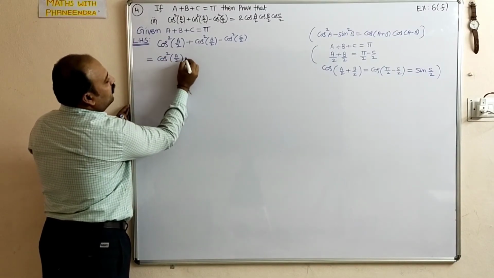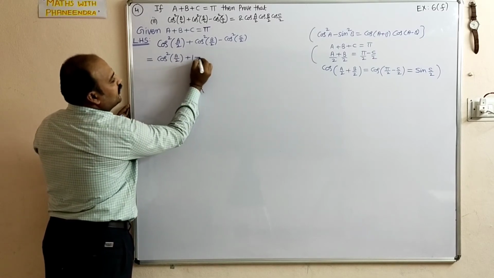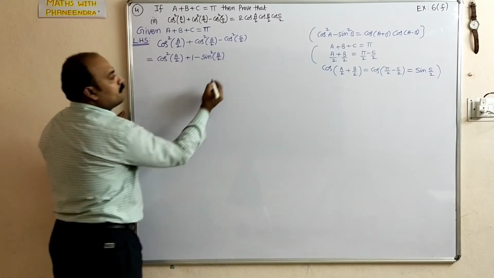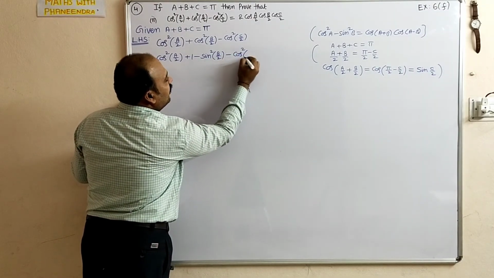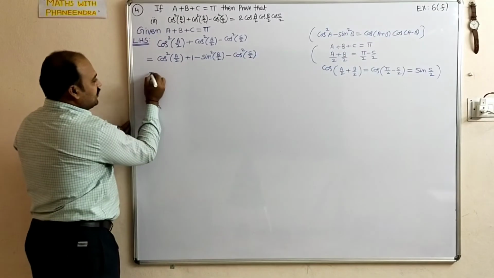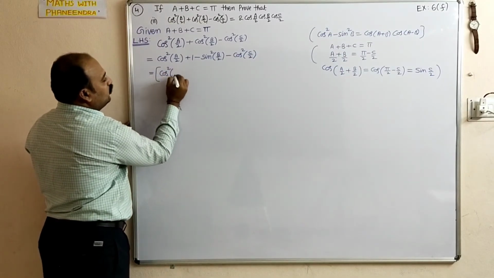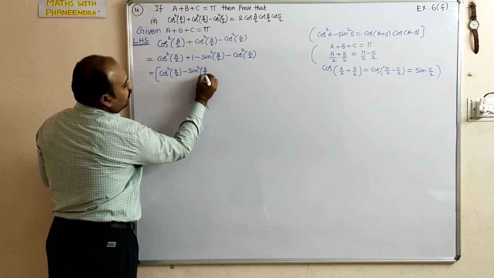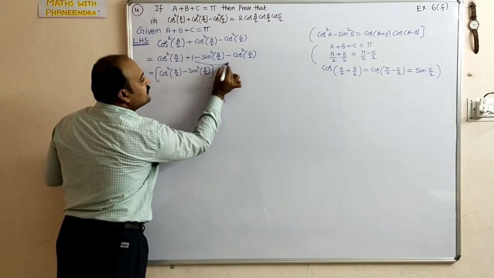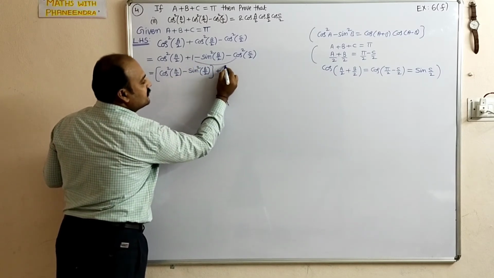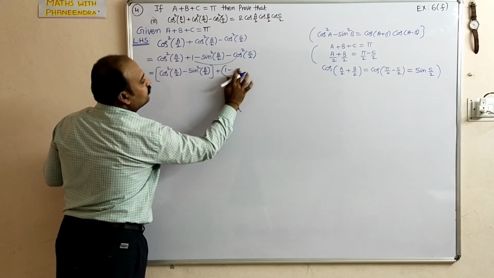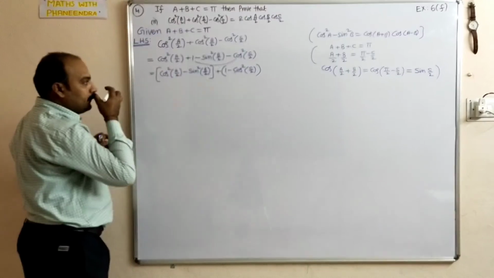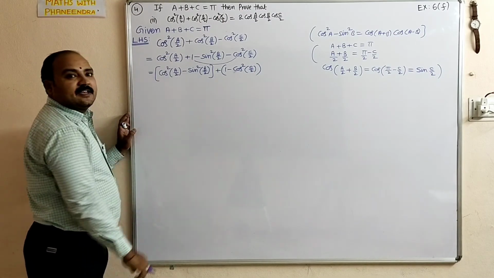To get the formula form, cos square B/2 can be written as 1 minus sin square B/2. So this is equal to, keep bracket, cos square A/2 minus sin square B/2, sorry, plus 1 minus cos square C/2. In the next step we will write it as sin square C/2.